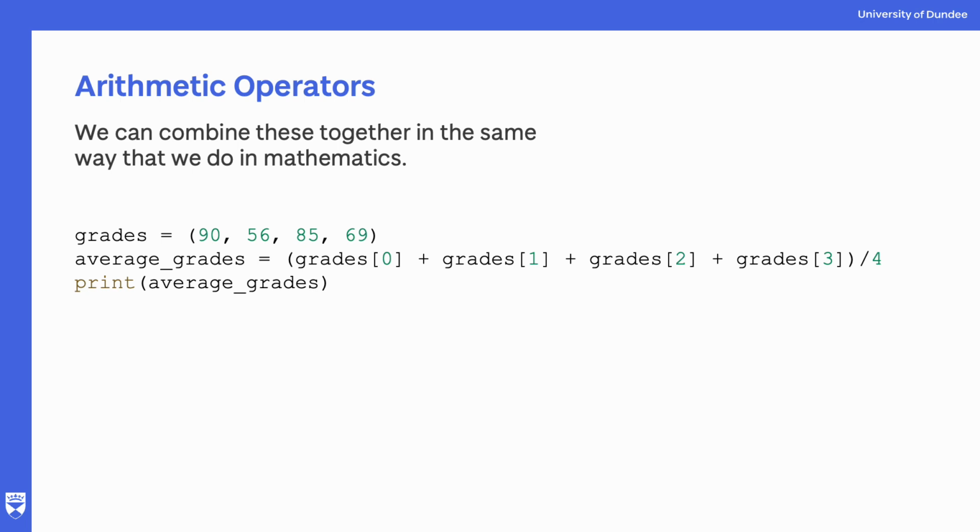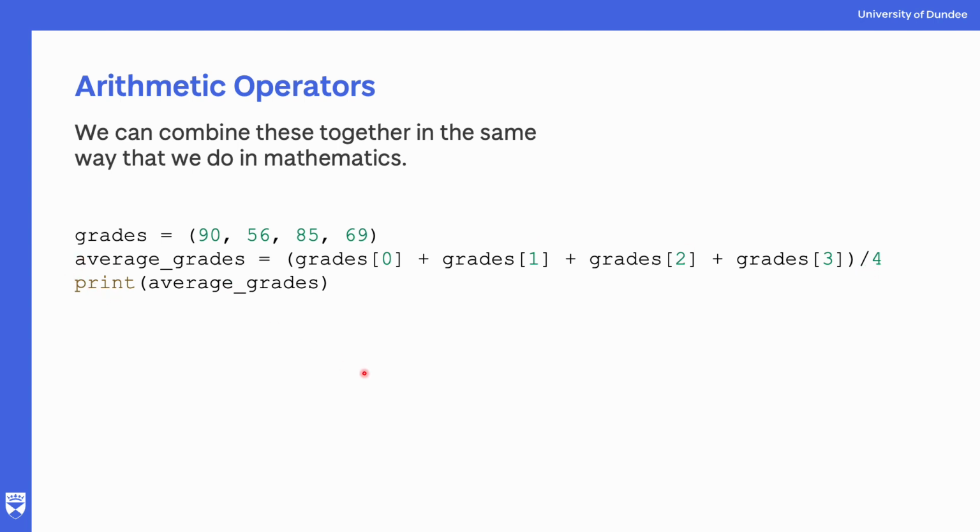So grades at position 0, 90, plus grades at position 1, 56, plus grades at position 2, 85, plus grades at position 3, 69. So all of them added together, I've got brackets on either side here to tell me that add all of those together and then divide it by 4.